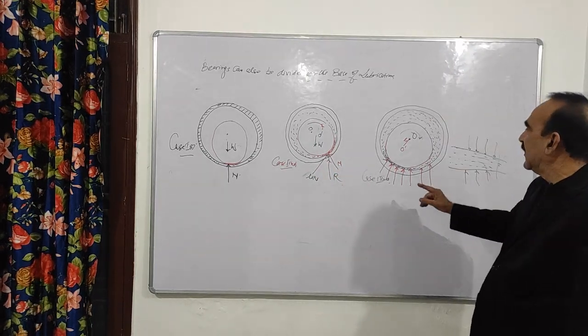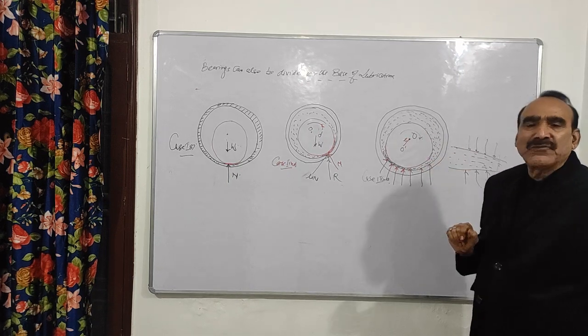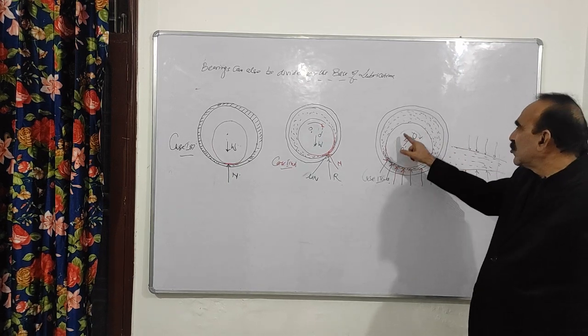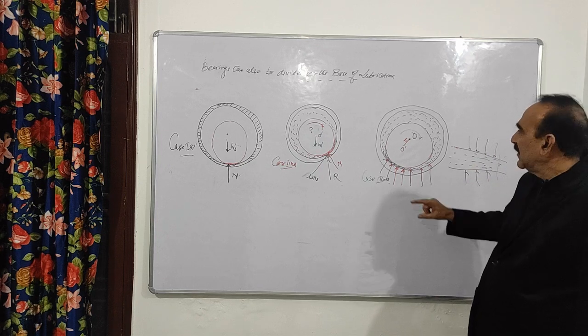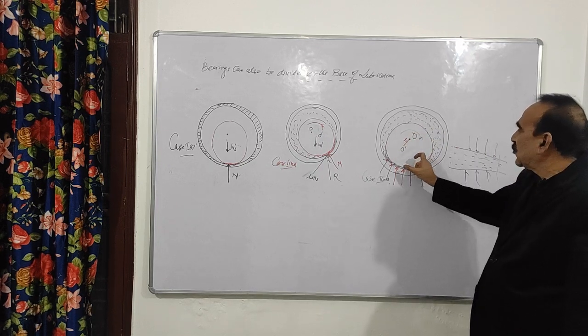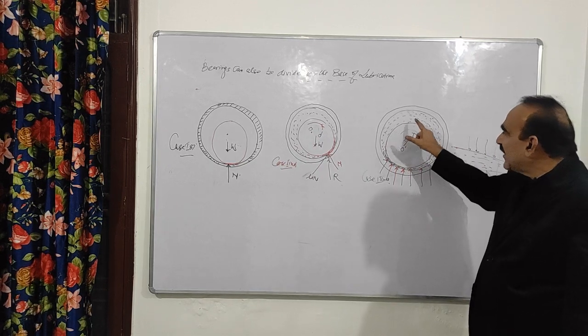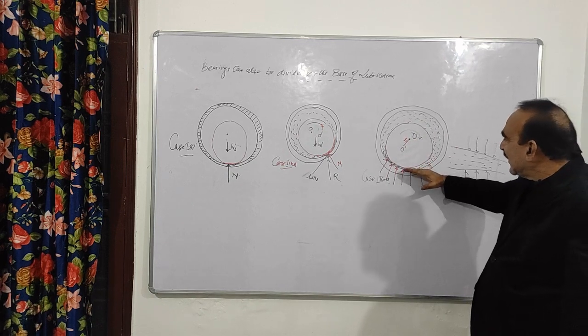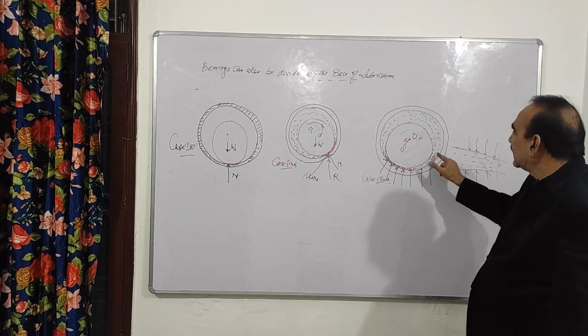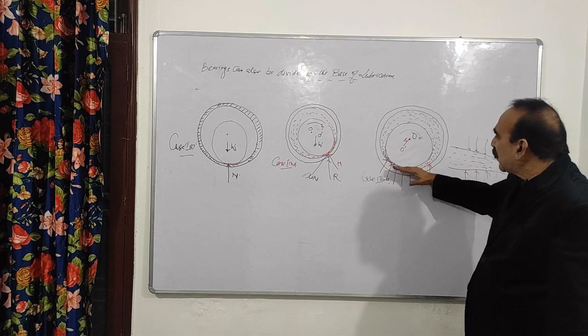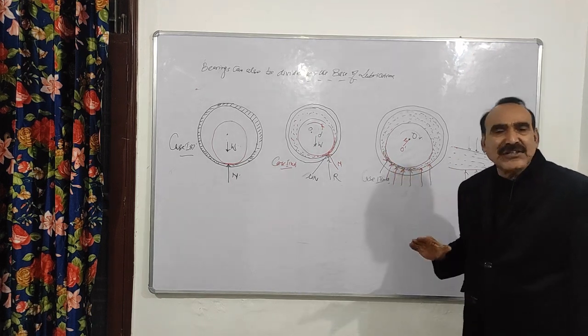But in case three, when it is operating at a high full speed, the film starts getting pressurized here, and as it is rotating in the clockwise direction, at this point there is a creation of the wedge here.